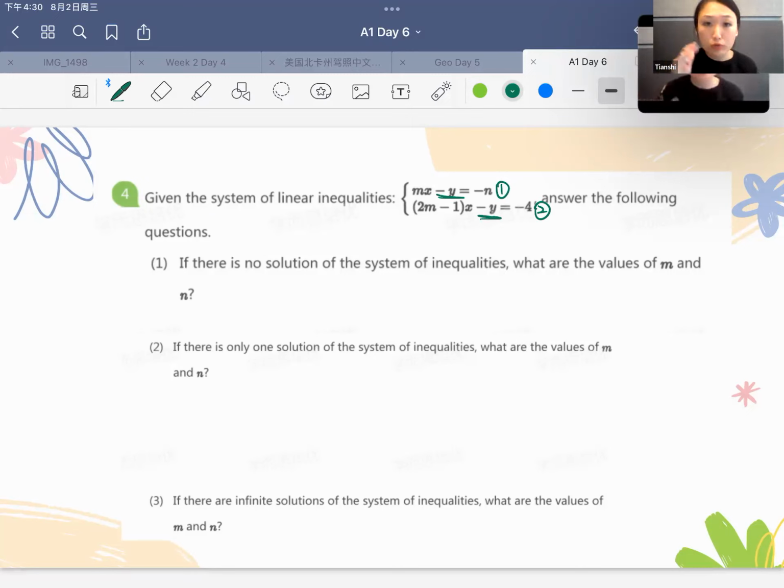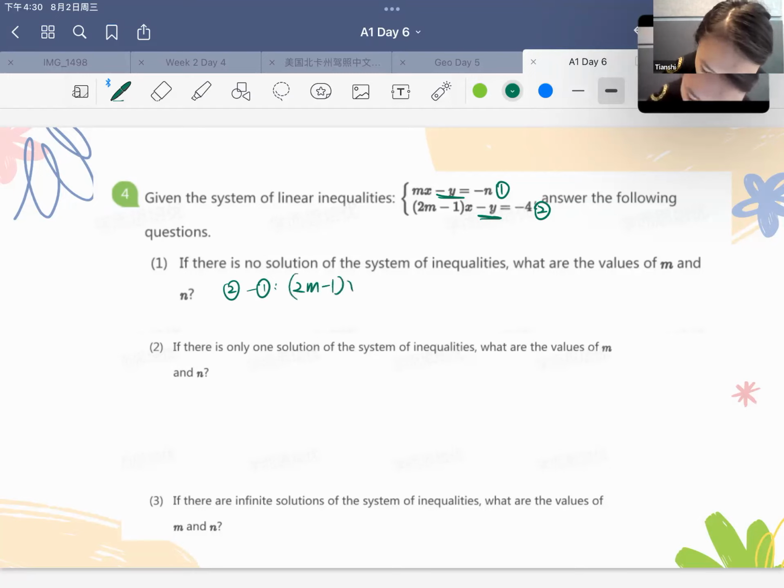In order to get rid of negative y and only have one variable x, we need to do the subtraction. So we can use 2 minus 1 to see what we can get. We will have 2m minus 1 x and minus mx. Minus y and plus y cancel out. So we will have negative 4 minus negative n, which is positive n, right?